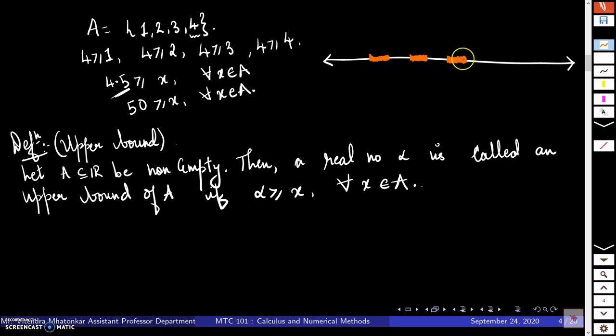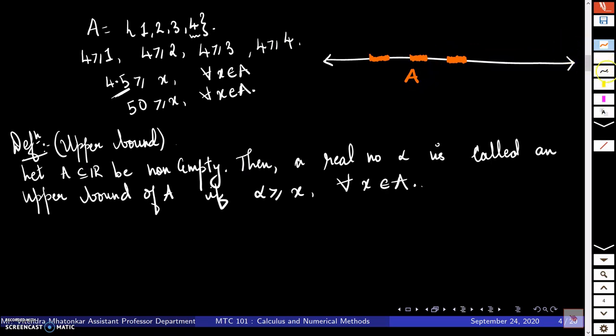I don't know which elements are there in A. So the points which I've marked in red are my set A.